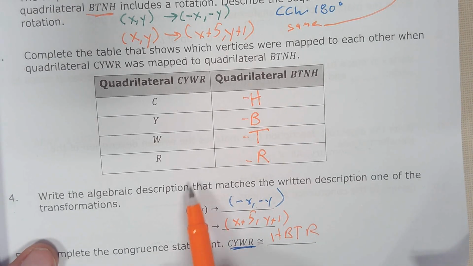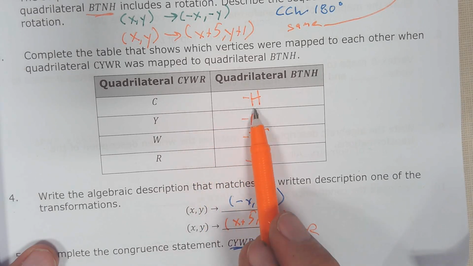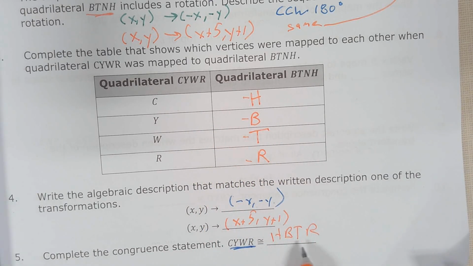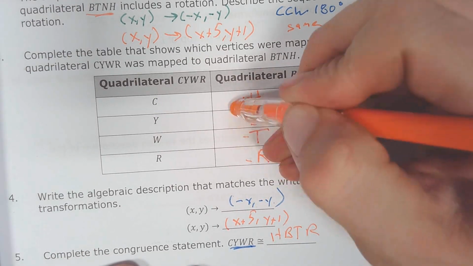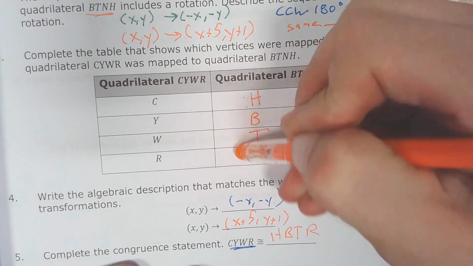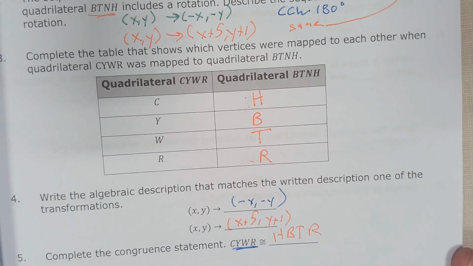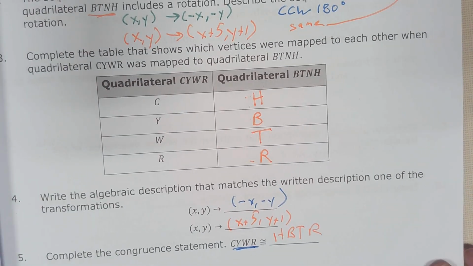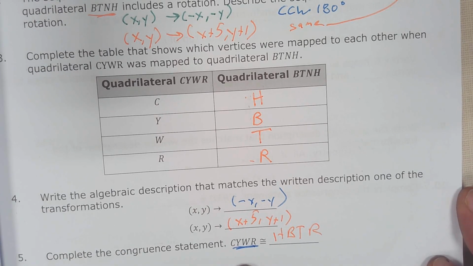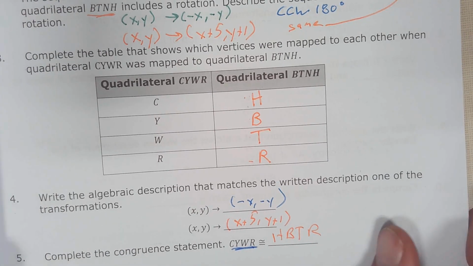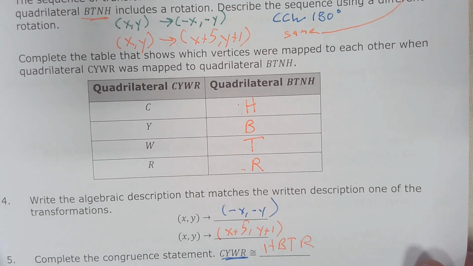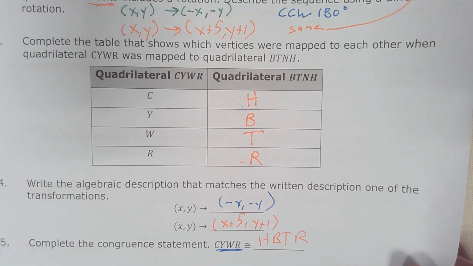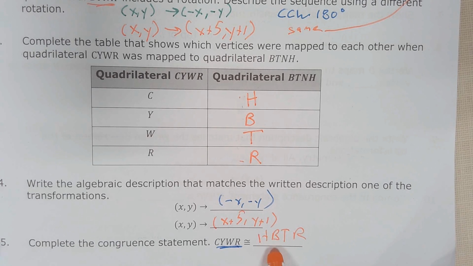It's in the order of this: C, Y, W, R, and H, B, T, R. It's important that the order is the same, right? Otherwise, it's technically a different shape. So the angles would be different, and the sequences of the sides would be different.